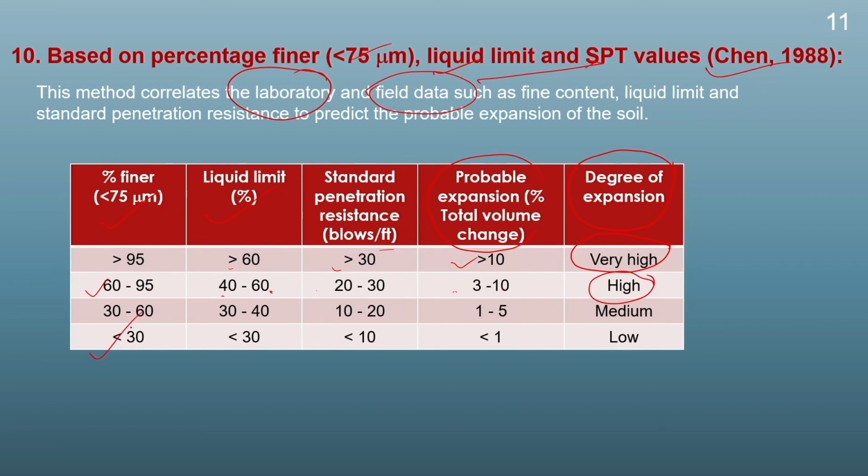Similarly, if the finer content is less than 30%, the liquid limit less than 30%, and the standard penetration resistance less than 10, the probable expansion of the soil will be less than 1%, and the degree of expansion can be termed as low. This method takes into account the percentage finer, liquid limit and SPT value.